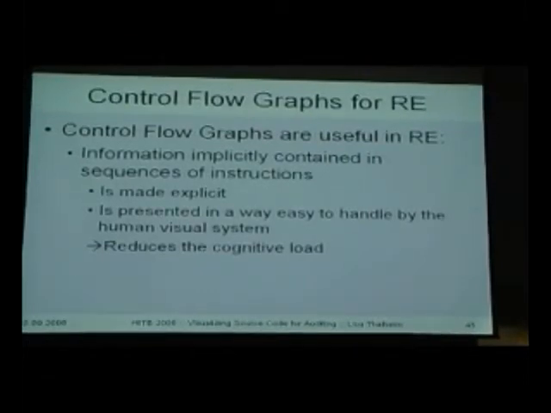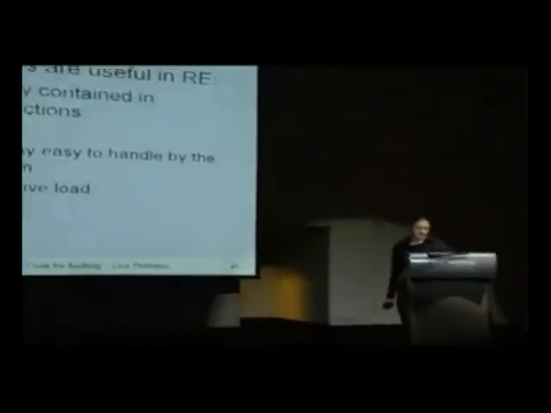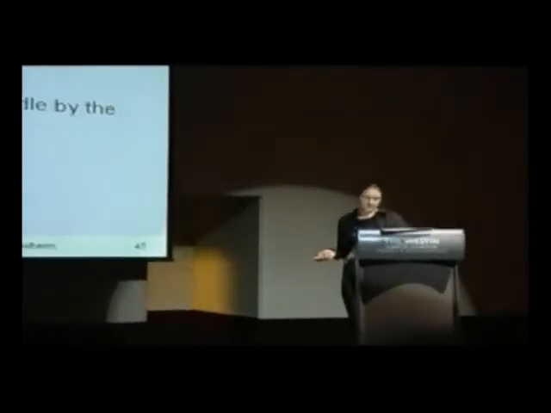It's presented in a way that's really easy to handle by the human visual system, because humans are rather good at seeing relationships that are depicted by connections between entities, and thus it helps to reduce the cognitive load. So you have to use all the cognitive resources you can get in reverse engineering because it's such a low level of abstraction. So any help in doing that is appreciated.